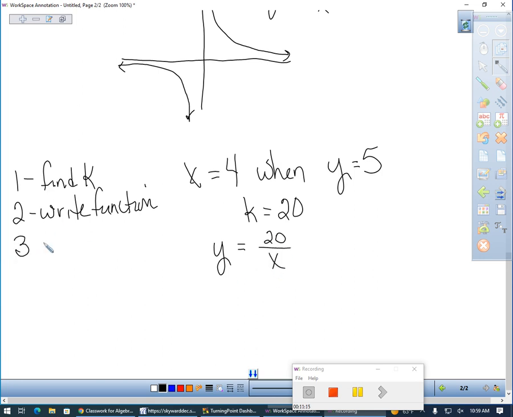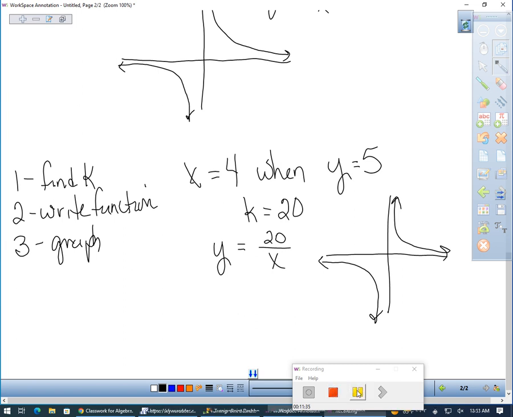Step 3, graph. So if I were to graph this, again, k is positive, so my graph is going to fall in the first and third quadrants. All right.